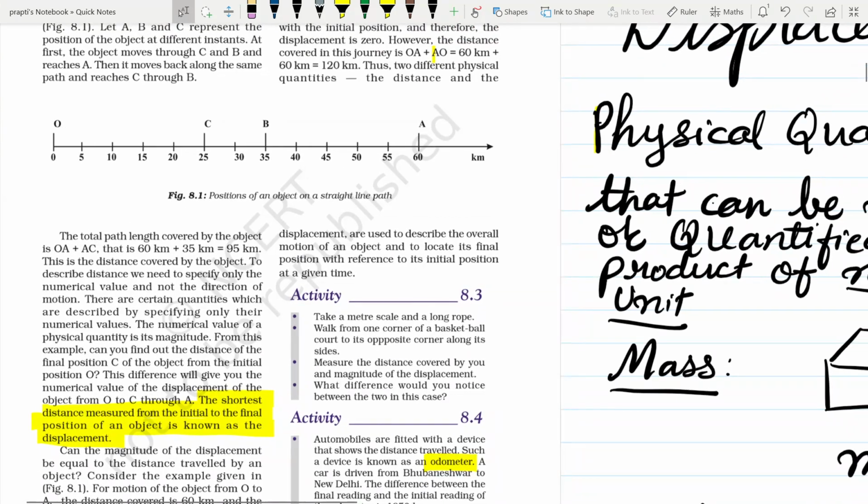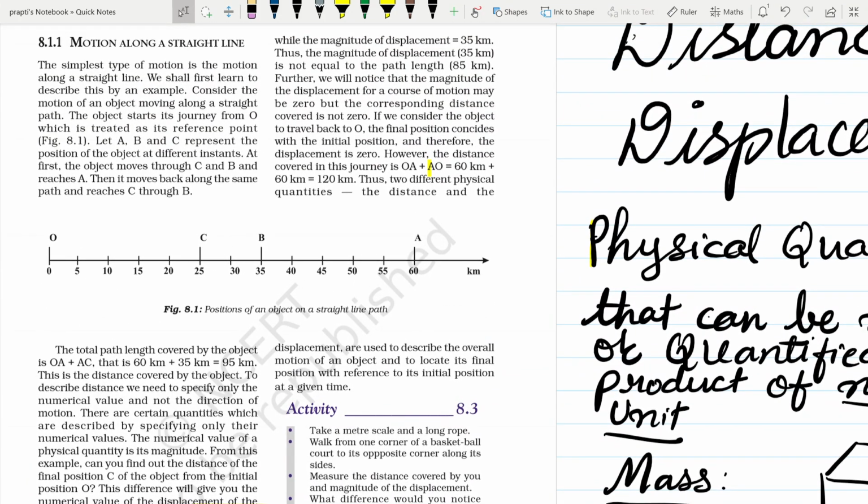So, from this example which is given here, we can say that the object was at point O, it moved from O to C, then C to B and B to A, and then it is moving back along the same path.